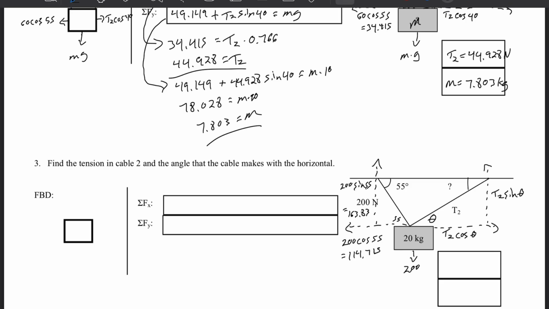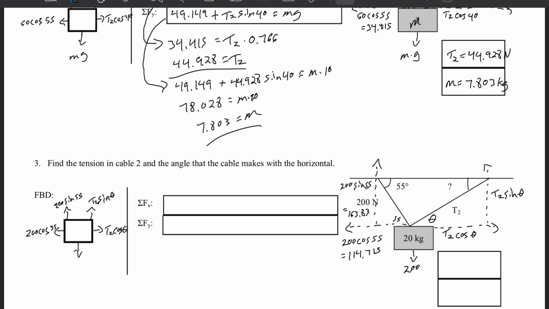If we do our free body diagram, we can show the leftward pull is 200 cosine 55. The rightward pull is T2 cosine theta. Two upward pulls, 200 sine 55 and T2 sine theta. And a simple mg at 200 going down.